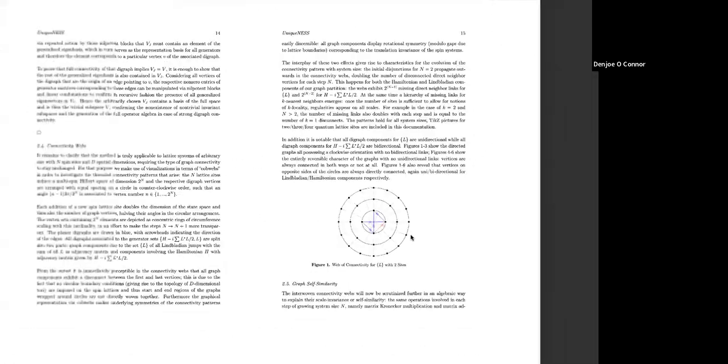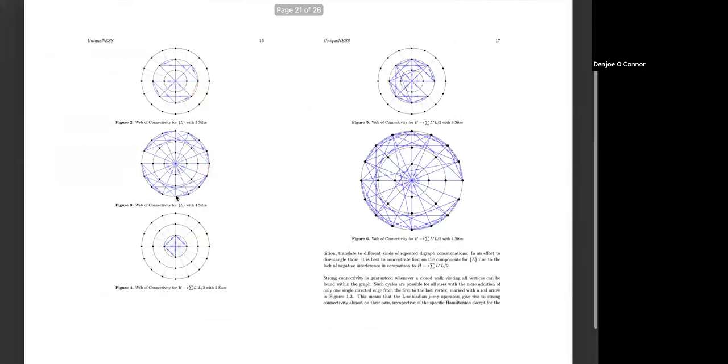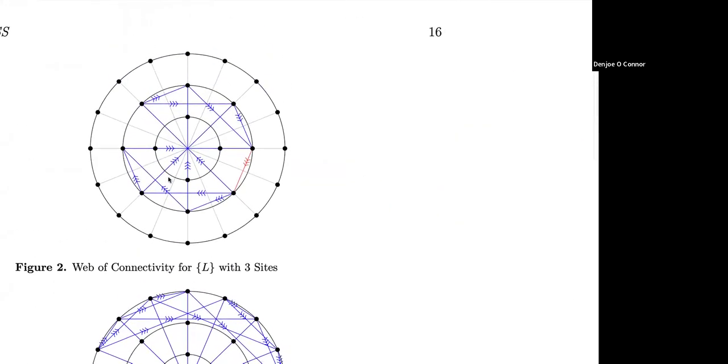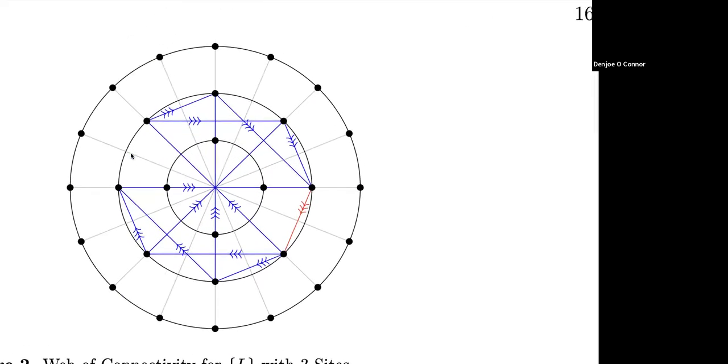And now the rule is, you look at your operators, you represent them with respect to the basis, and you interpret them as the adjacency matrix for a directed graph. So this is why we have arrows here, because the direction matters. And you will have a connection from one basis element, from one vertex to the other, whenever there's a non-zero entry in your matrix representation of the operator.